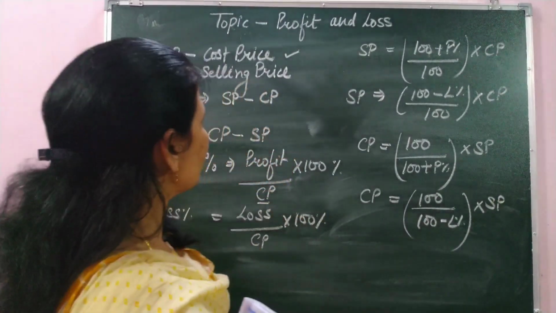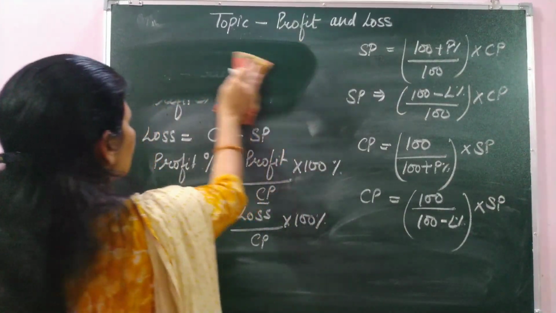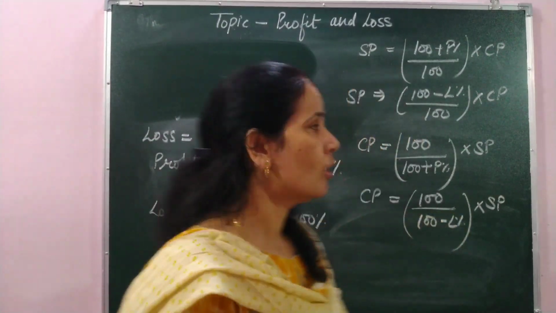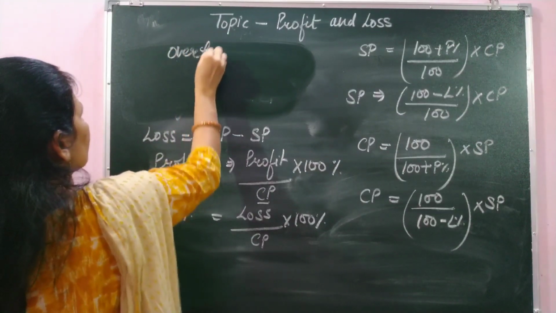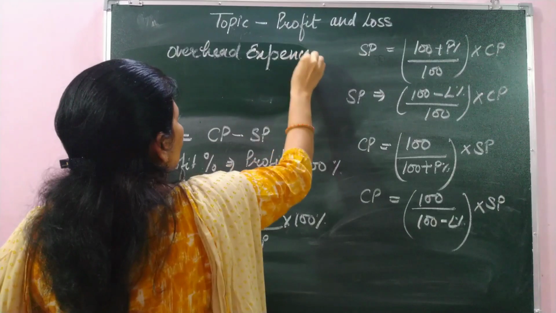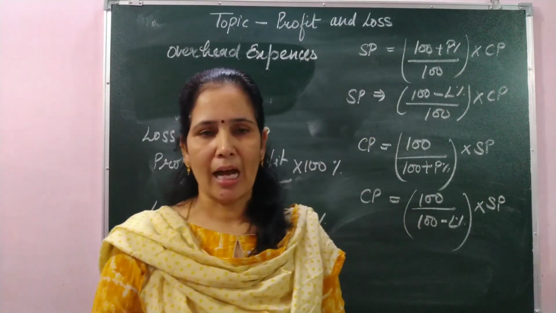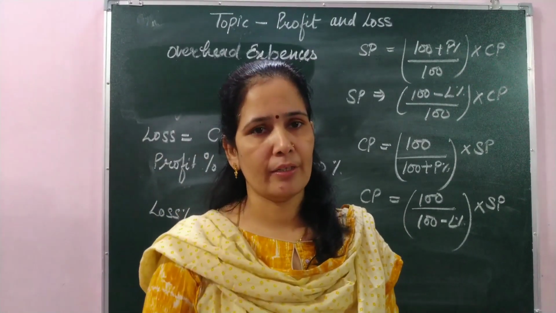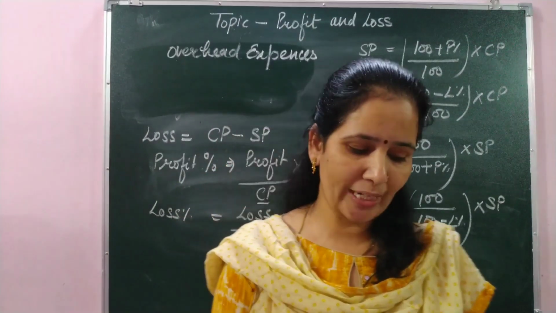Now we are using another term in this, that is overhead expenses. Students, I am going to explain about overhead expenses. Overhead expenses means, when you purchase something and after purchasing, if that thing needs any repair or any other expenses, that is called overhead expenses.